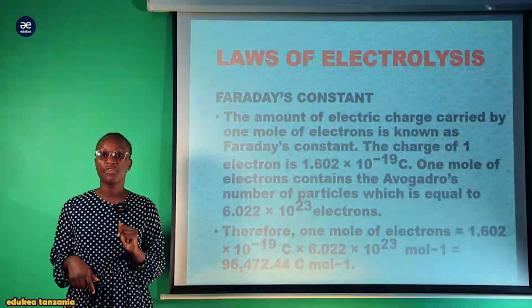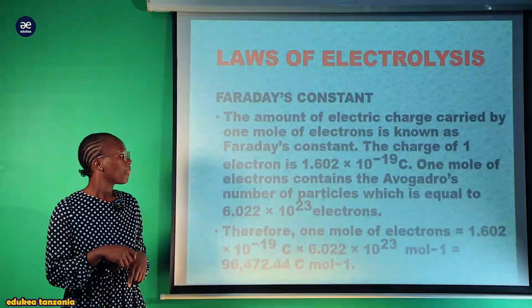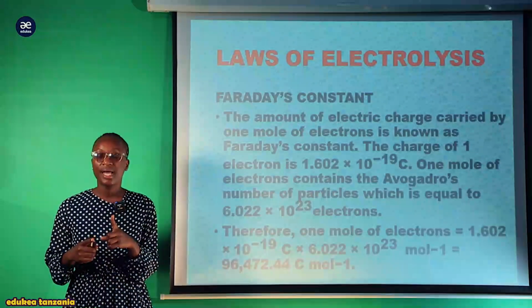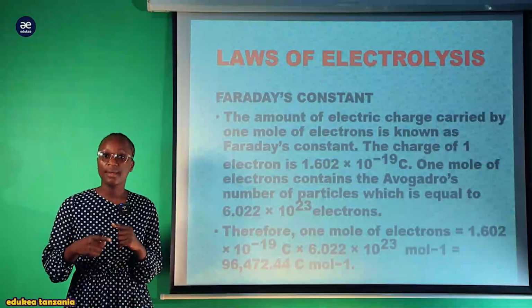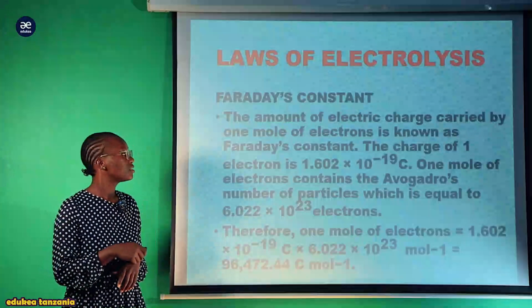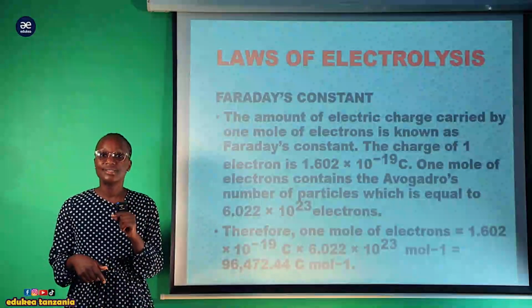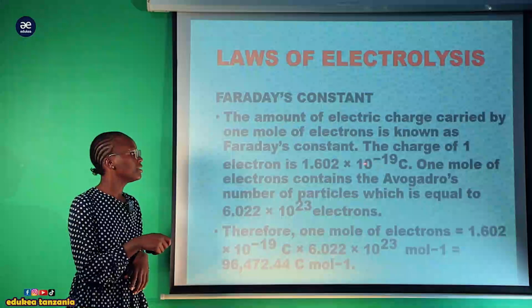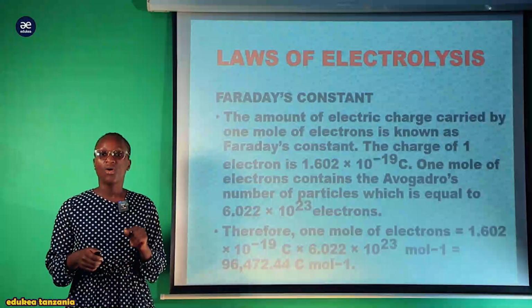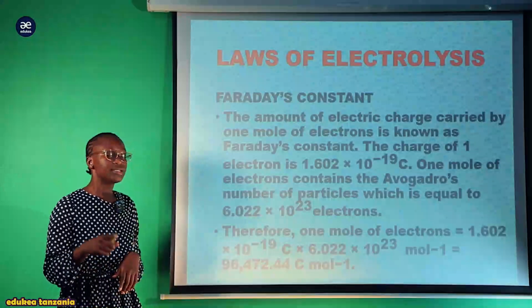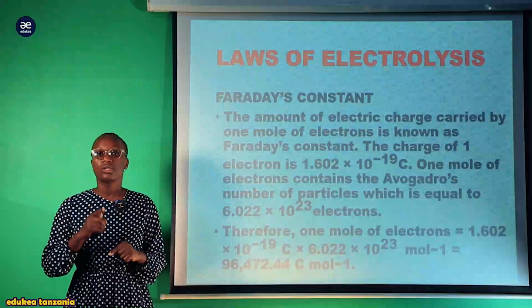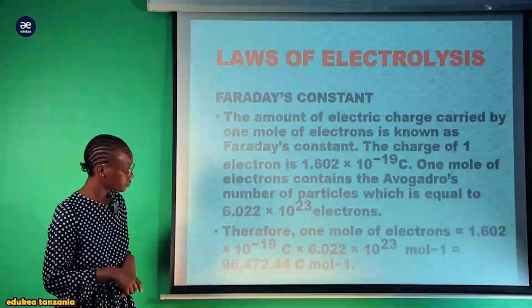Kumbe tukiwa na 1 mole of electron sawa sana kuchukua hii 1 mole of charge, I mean the number of charge ambayo sawa sana 1 mole of electrons ambayo sawa sana 1.602 times 10 power -19 coulombs mara Avogadro's number ambayo ni 6.022 times 10 power 23.